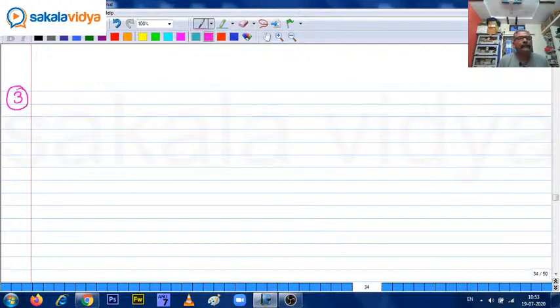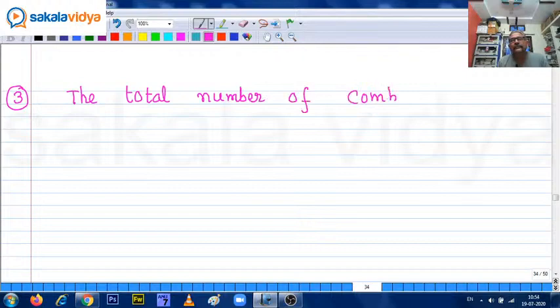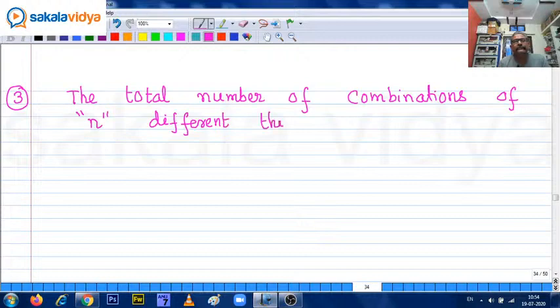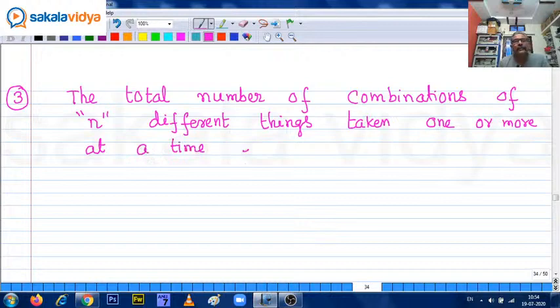Next, third one. The total number of combinations, meaning selections, of n different things taken one or more, not 0, starting from 1 or more at a time is.